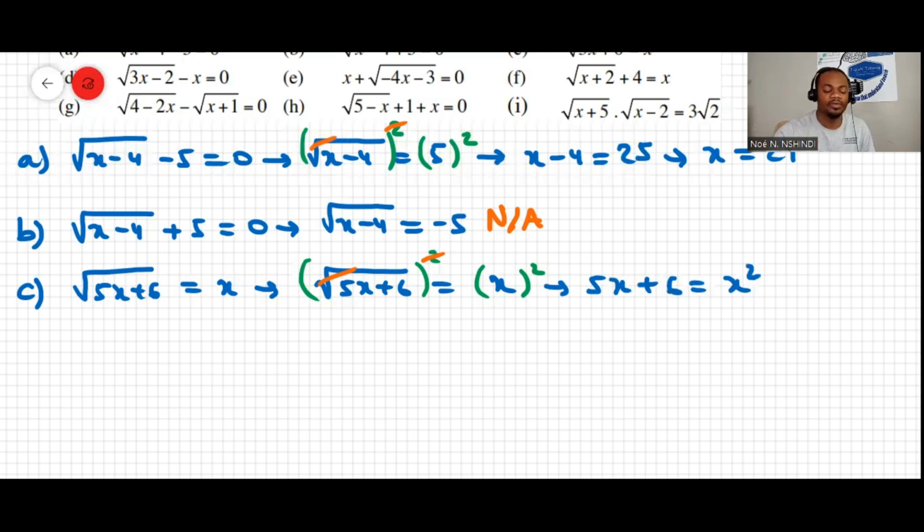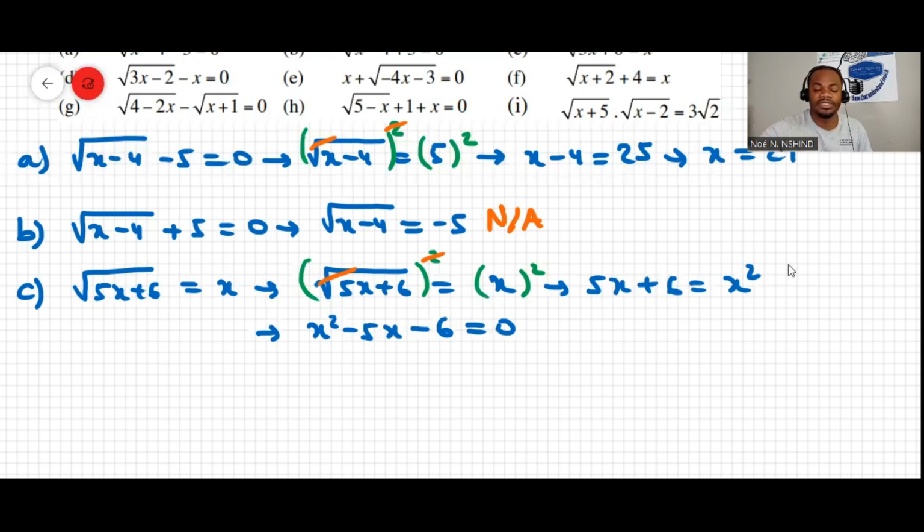Now we are going to move whatever we have on the left hand side to the right hand side, and then we can just write it x squared minus 5x minus 6 equal to 0. I prefer to keep 0 on the right hand side. So if I move this over, it becomes -5x.